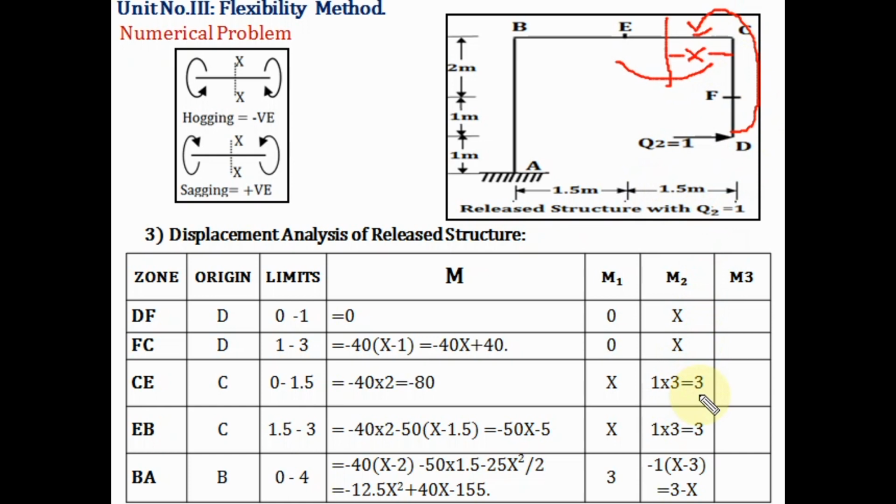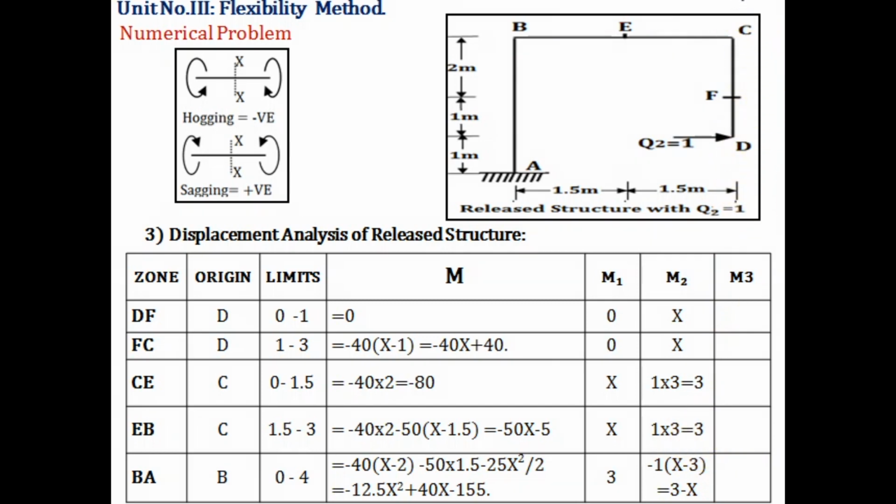So 1 into 3 is 3, with a plus sign because the nature of bending moment is sagging. Now next we will take the section in portion EB, measure x from point C. Again this force will act like this, the nature of bending moment will be sagging, so plus, 1 is the intensity of force multiplied by the distance 3, so 1 into 3 is 3.